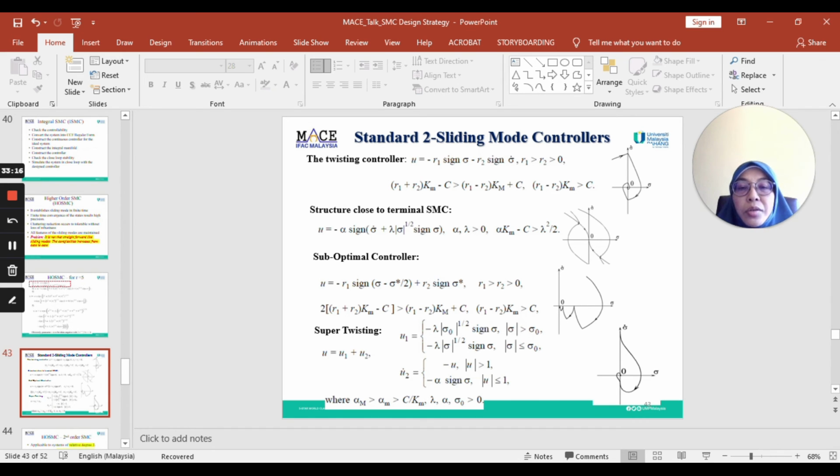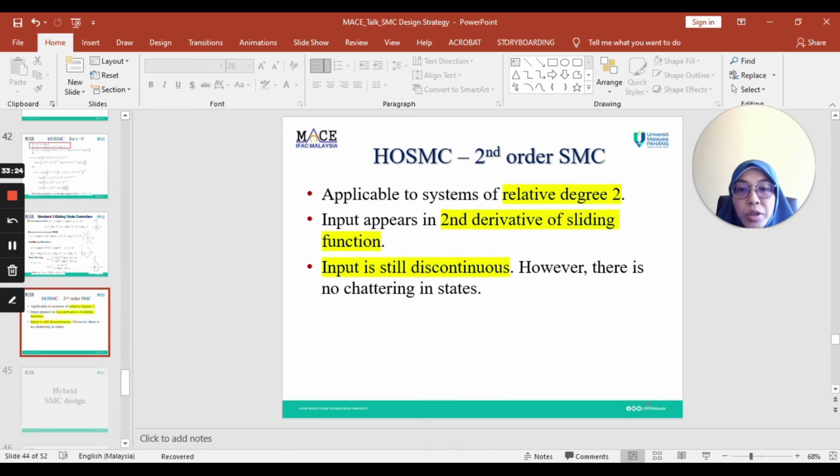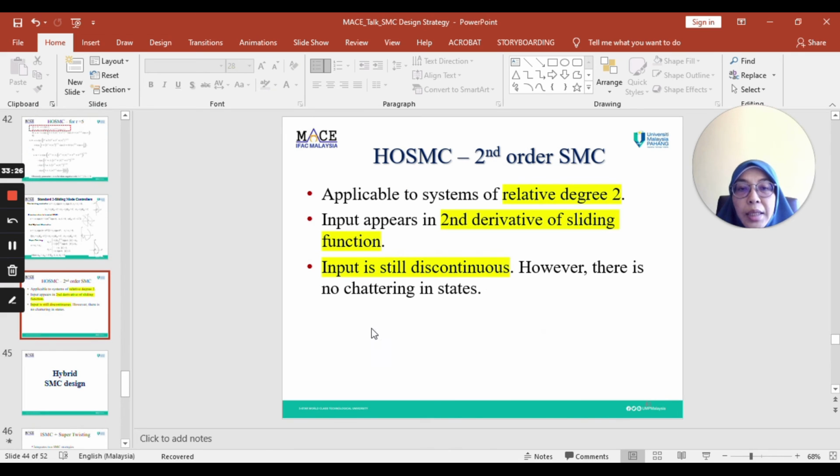However, in this example, I just show super twisting. Again, why is this second order more popular compared to others? Because this is applicable to systems of relative degree 2.